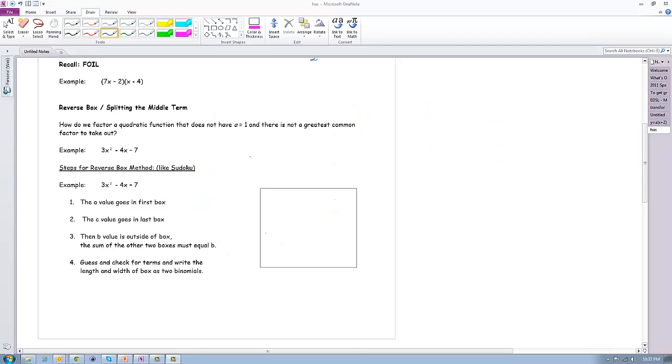Okay, we want to now do some factoring using the reverse box method. This is a pretty fun way of factoring trinomials, and it works like this. We draw a square like the one that you see here, and we divide it into 4 different parts.